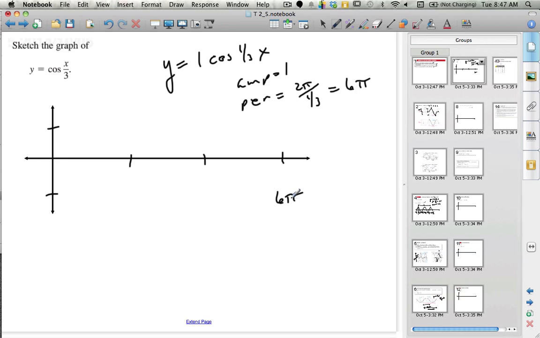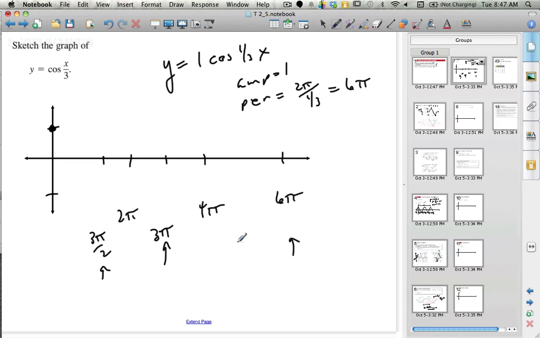First I'm going to split it in half, right? So remember, this is 2 pi, 4 pi, and this becomes 3 pi. That's the middle, right? And halfway between 3 pi and 0 is 1.5 pi. So over here I'm going to do 3 pi over 2. That's right about here, and that's one of my points. We're doing cosine, so we're starting at the upper amplitude.